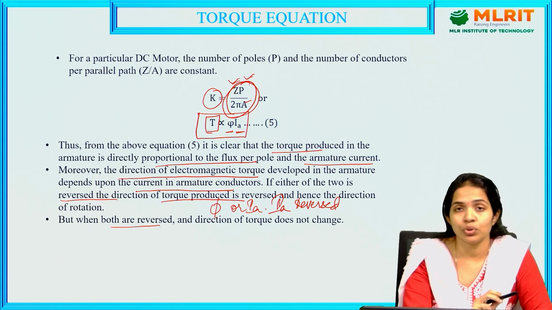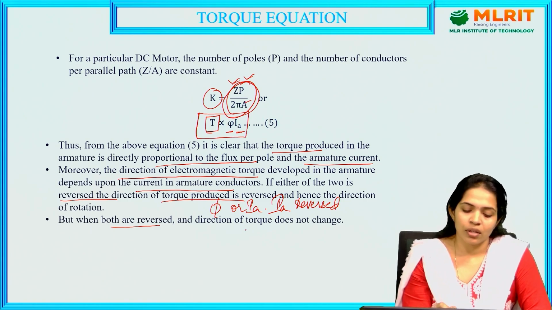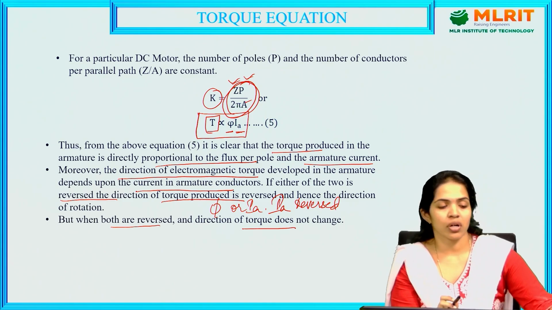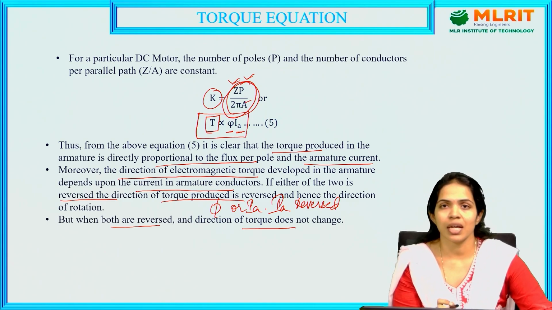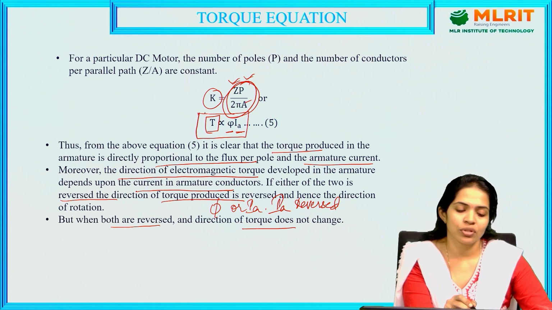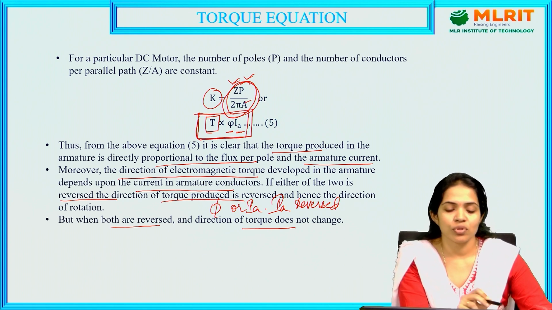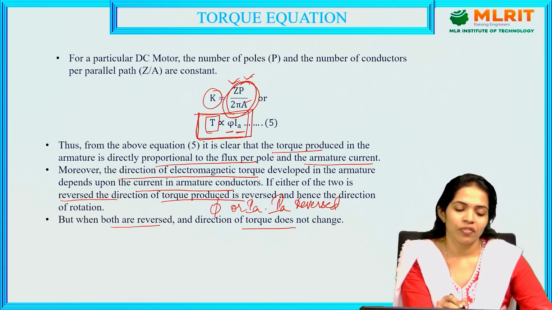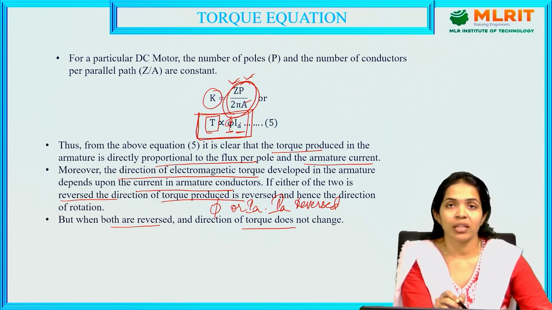But when both together, the flux and the armature current, are reversed, the direction of torque does not change, and it will not change the direction of rotation of the motor. So this is the torque equation, and it is very clear that the torque is directly proportional to the product of flux multiplied by the armature current.